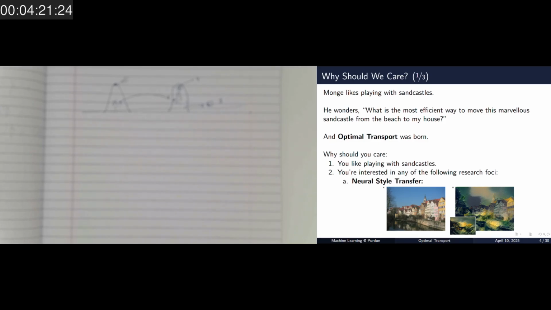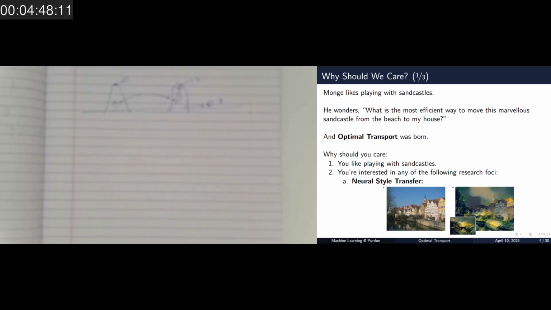First is neural style transfer. We have an input image over here of some lakeside with a bunch of houses, and I have a reference image of some art piece. I want to get image A in the style of the reference image, and one way of doing this is to calculate the color map, or the distribution of the pixel values, within the reference image.